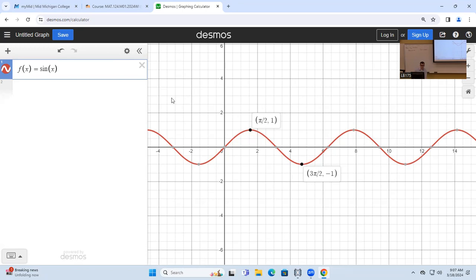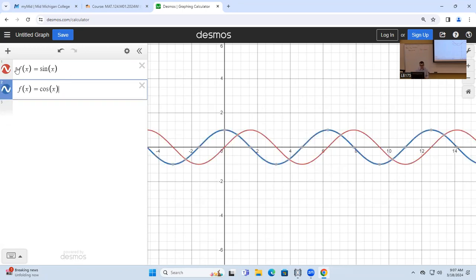All right. Now, if f of x equals cosine of x, we get the exact same type of wave where we're going up and down, oscillating between -1 and +1 for our y values, except obviously it's scooted over.